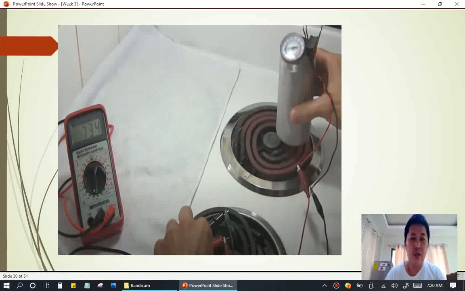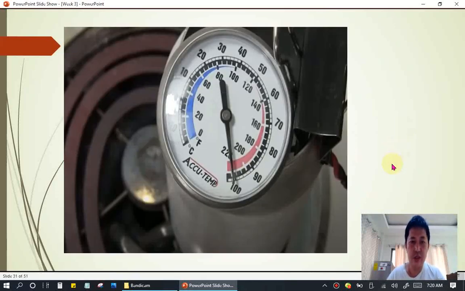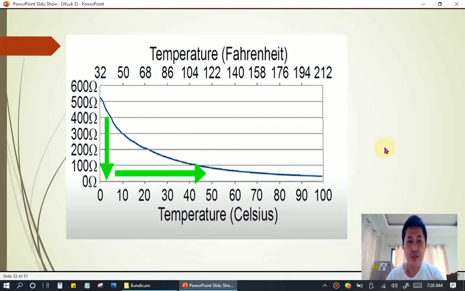Now we have already boiled the water, with the sensor inside here. Now it is 100 degrees Celsius, which is the boiling point of the water. In explaining the relationship of the resistance to the temperature, we have here the Celsius and the Fahrenheit.